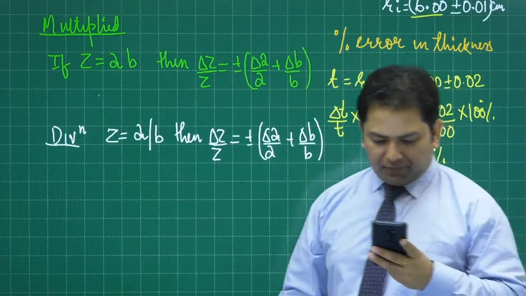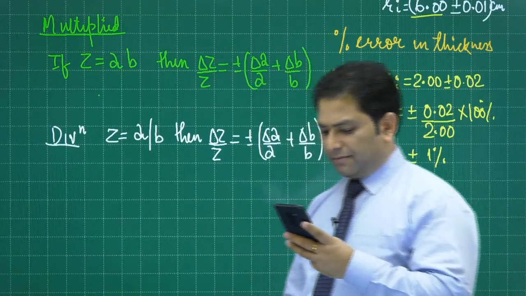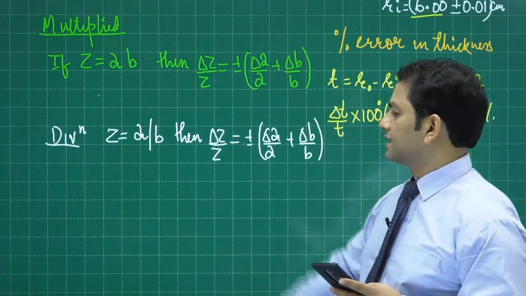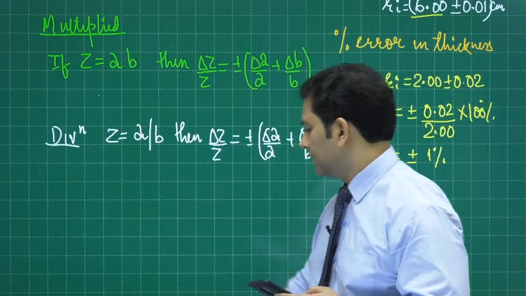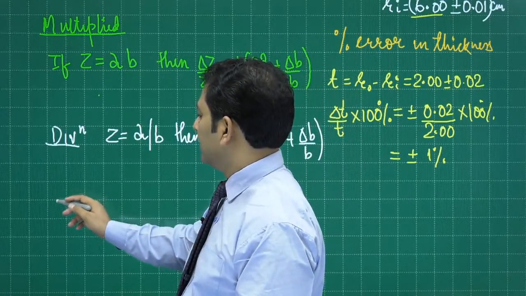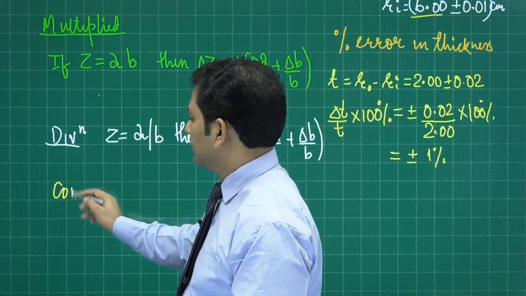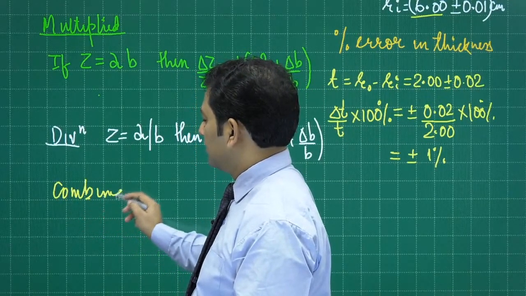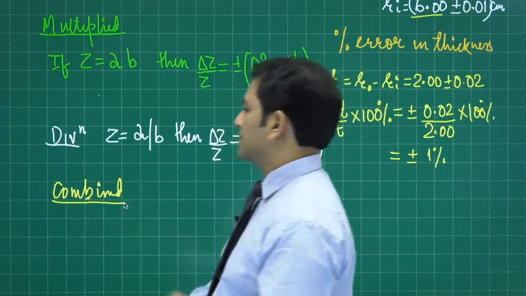All right, now let's try to understand the next thing. Division, multiplication has happened, division has happened. Now let's try to understand when there are factors involved, like combined, with powers.